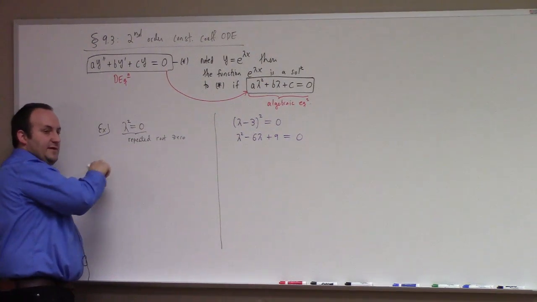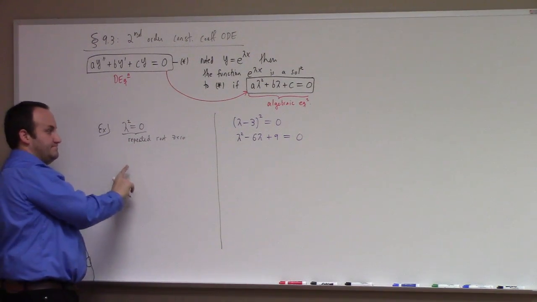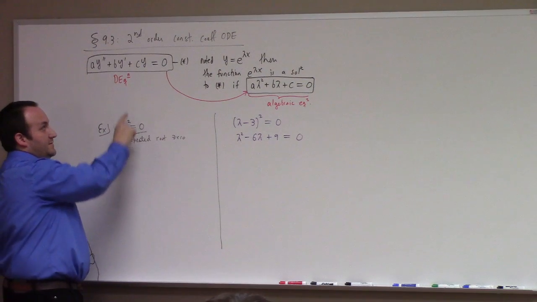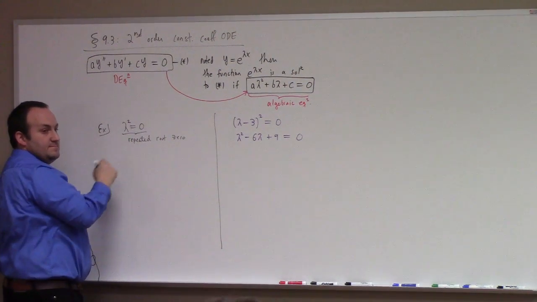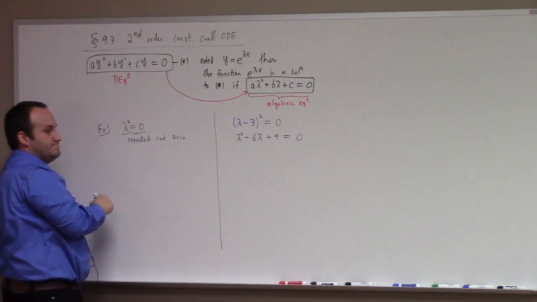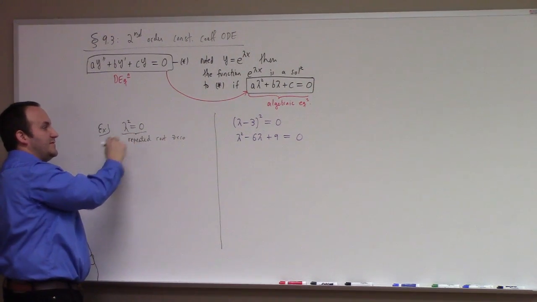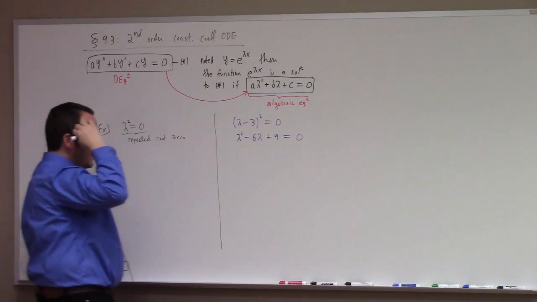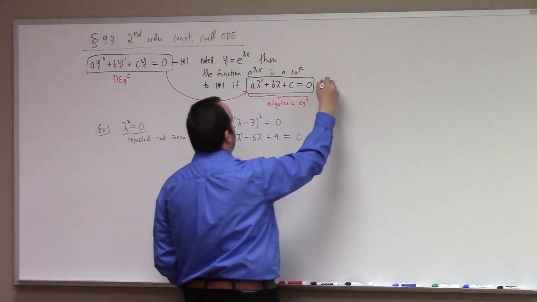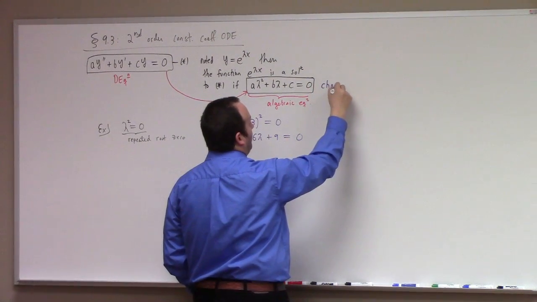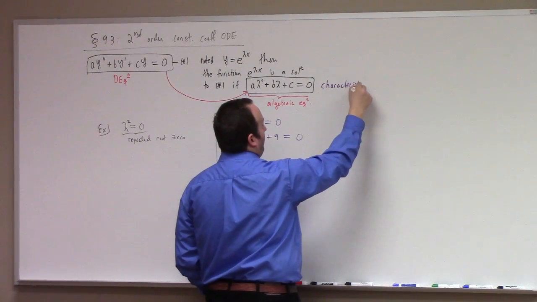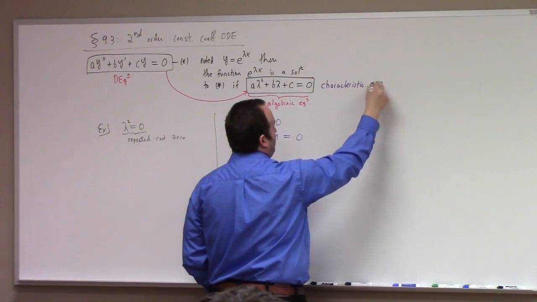So continuing to work backwards, which differential equation did this come from? How would you get to this from one of these? In other words, which differential equation has lambda squared equals 0 as its, by the way, this is the characteristic equation. That's its name. Can you guys tell me?